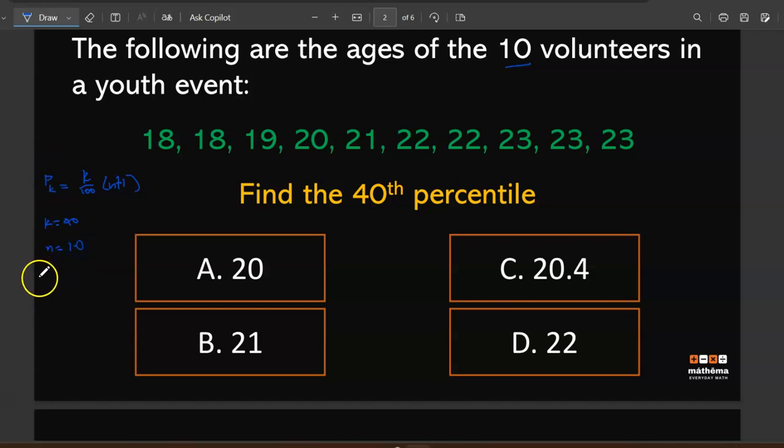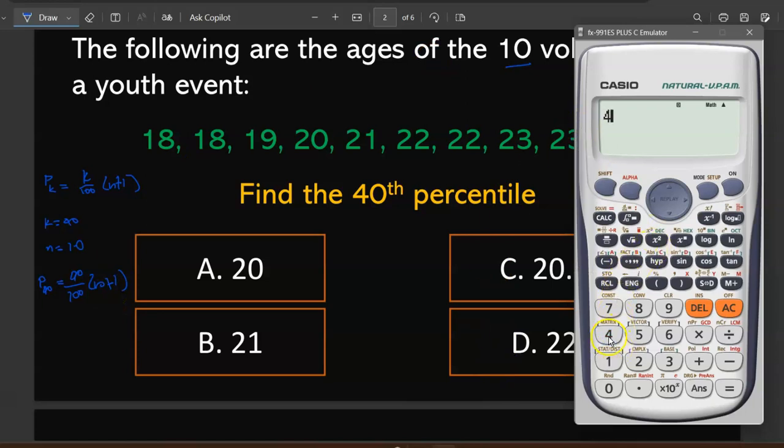Using the formula, P 40th percentile is equal to 40 over 100 times 10 plus 1. Let's grab our calculator. We have 40 divided by 100, multiplied by 10 plus 1. So this will give us 4.4.